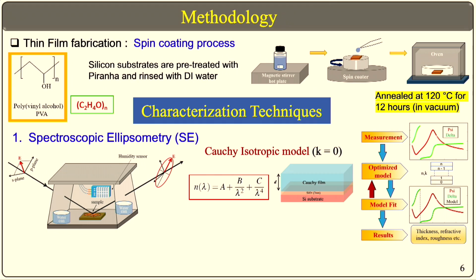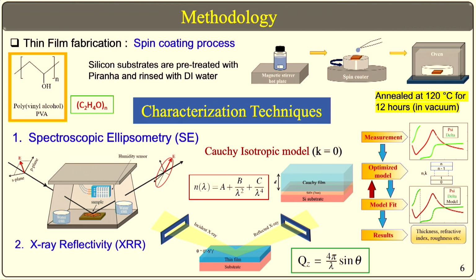A model that fits well for us is the Cauchy isotropic model, which says it's a highly transparent polymer film, and we can simply fit the data to extract the thickness, refractive index and roughness. As a complementary technique we have X-ray reflectivity, where the probing incident rays are X-rays instead of white light. So then we can determine the polymer thickness, density and so forth.